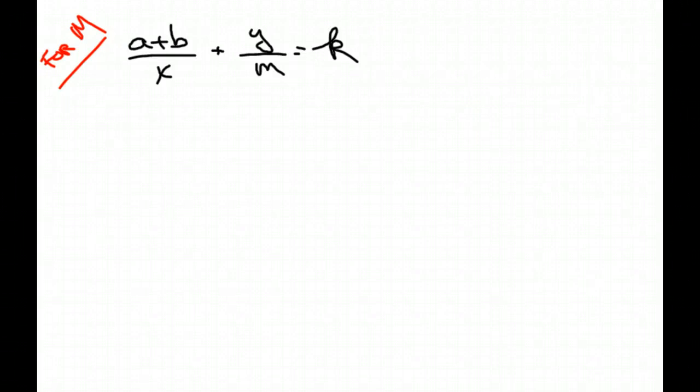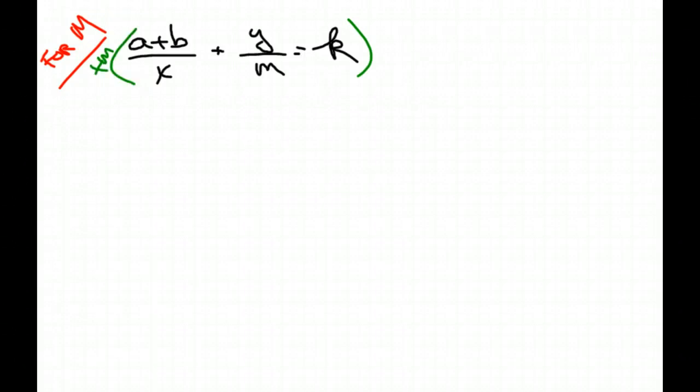Whenever you're given fractions with equal signs, get rid of the fractions. It's not wrong not to, but it makes your life a lot easier. So how do I get rid of those fractions? You have to multiply everything by x. Okay.